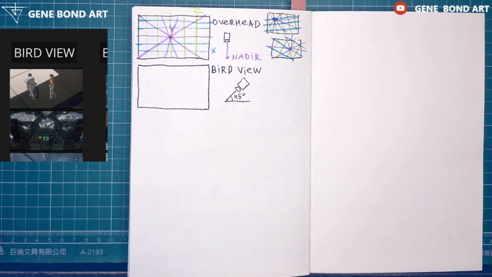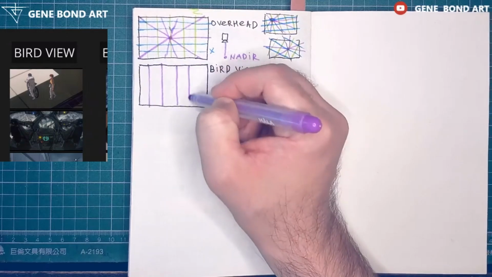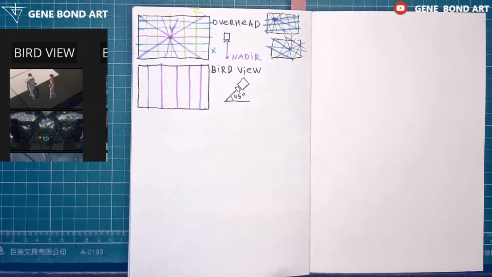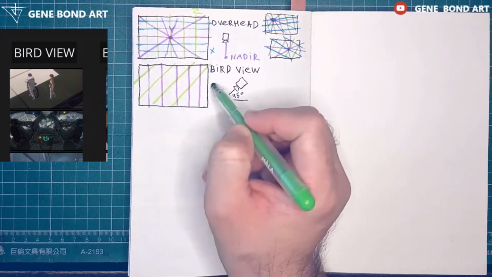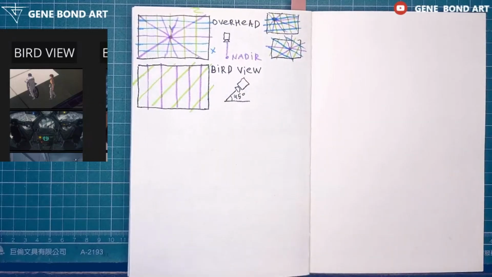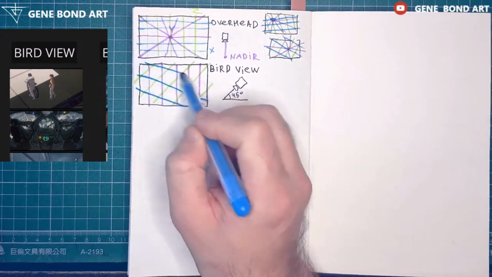For this one, the most typical perspective is when there is no vanishing point and no convergence. We have vertical lines that are just parallel, z lines just parallel, and x lines also just parallel.